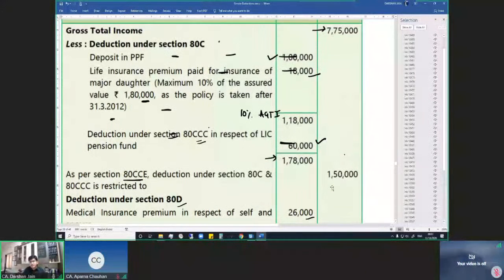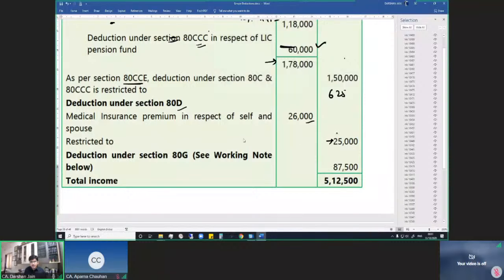When you deduct that, what is left is 6,25,000 minus 25,000, so 6 lakh rupees. Your adjusted gross total income would be 6 lakh. 10% of it would be 60,000. Right? What you've got is a qualifying limit of 60,000 rupees.